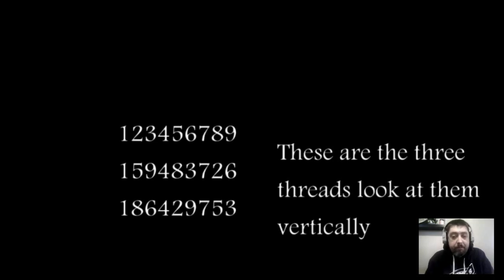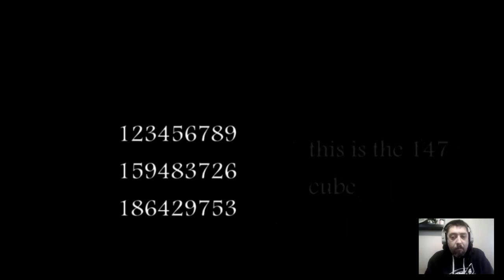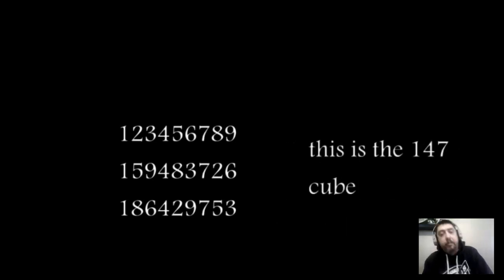Because this is the 147 cube. There's actually 3 cubes that make up the tesseract where the dual cylinder lies within. And one of them is a negative cube, one is a positive cube, and one is a neutral cube in the center.